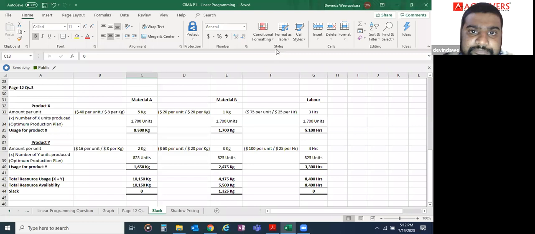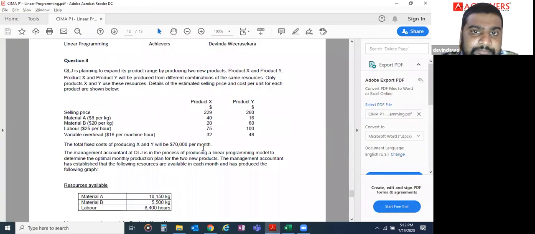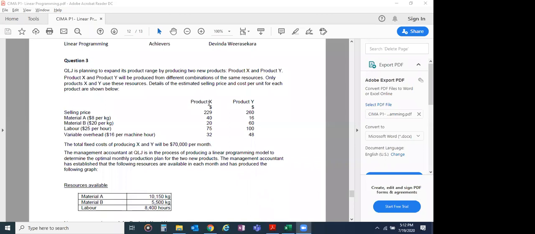Clear, guys? Right. Start doing it. Calculate the shadow price of material A and labor. Use the same working that you all did for the build resource. At the optimum production point, increase the particular resource by 1 unit.